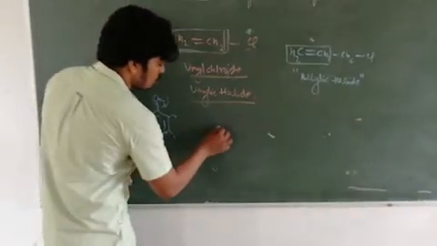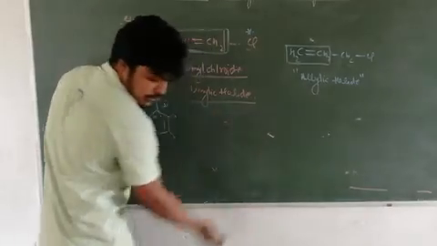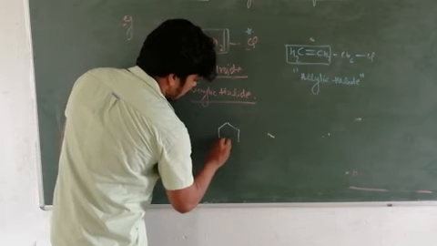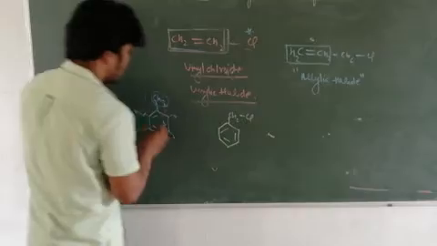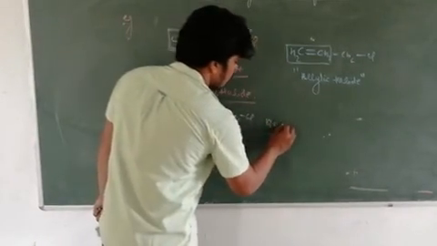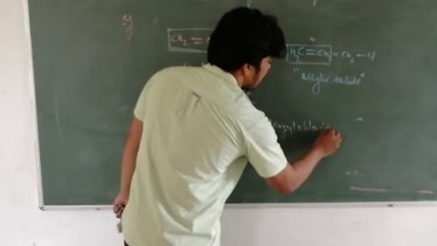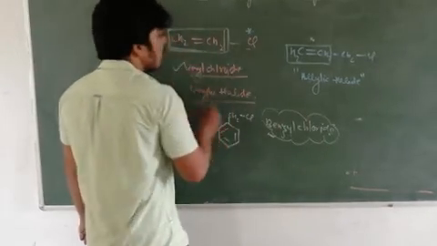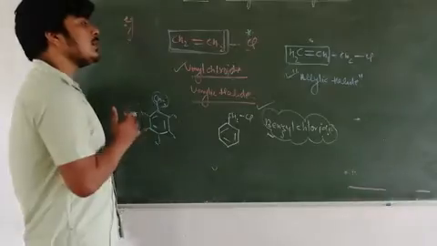But if you replace one hydrogen of CH3 with Cl, giving CH2Cl, this is called benzyl chloride. So what is vinylic, what is allylic, what is benzylic system, we will study further.